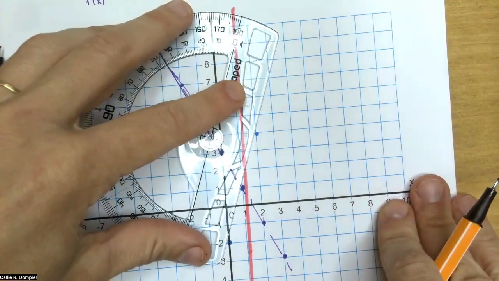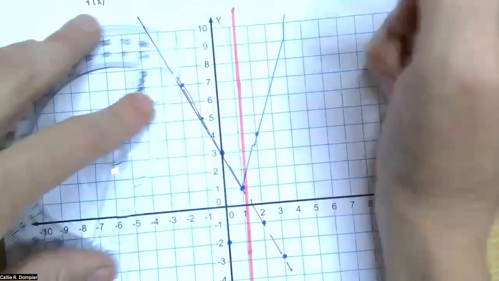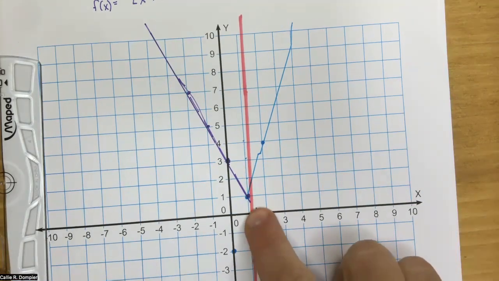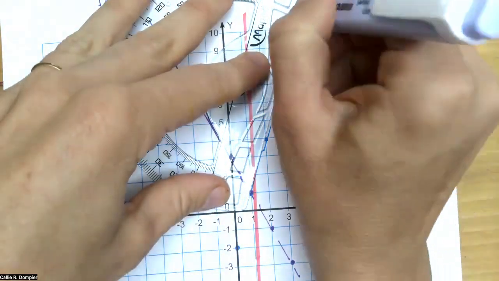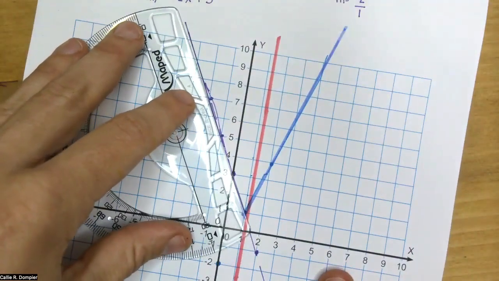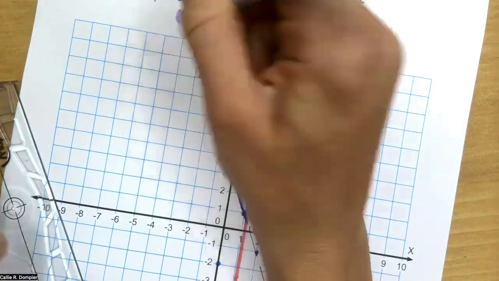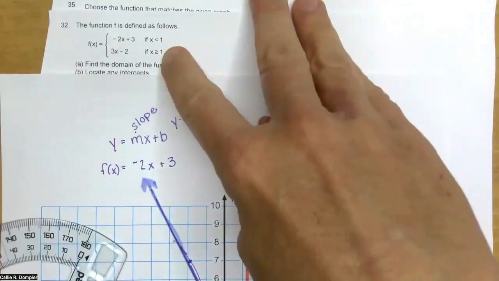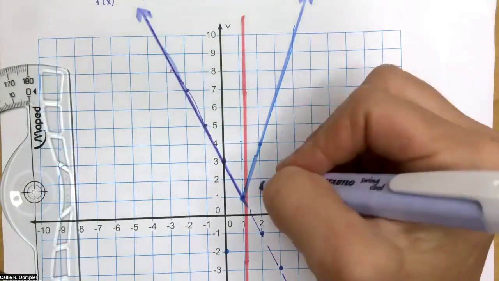So now, this is the graph after x equals 1. All right, so we got that one, and that one. And these obviously go forever in that direction, and this one goes forever in this direction. And this one includes the 1. Okay, the 1 is included with this line.